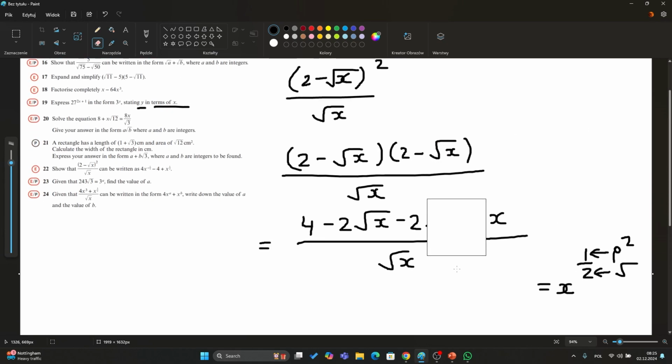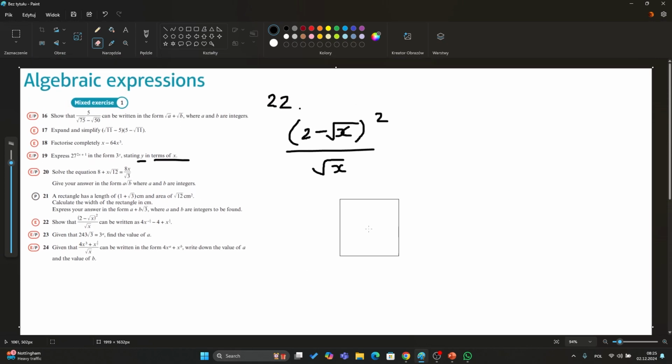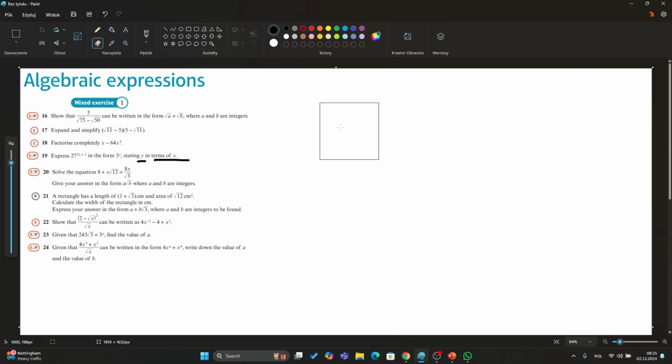And when you need to show it, you have to show all the steps, so do not skip anything, and do not do your answers in your head when the question says show. And now 23, given that 243 square root of 3 equals 3 to the power a, find the value of a.